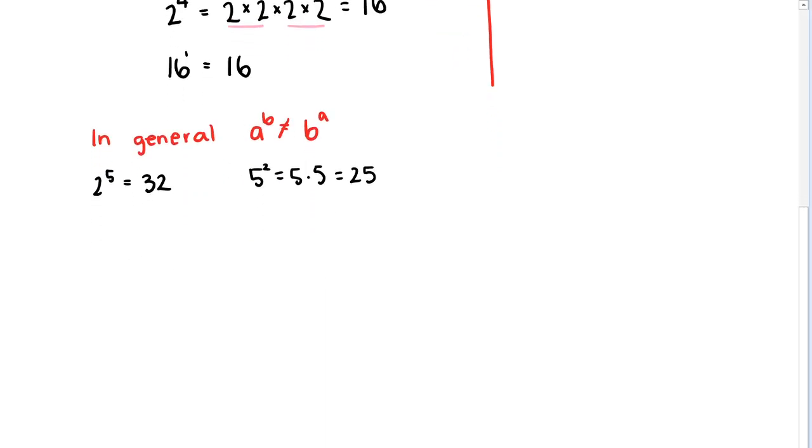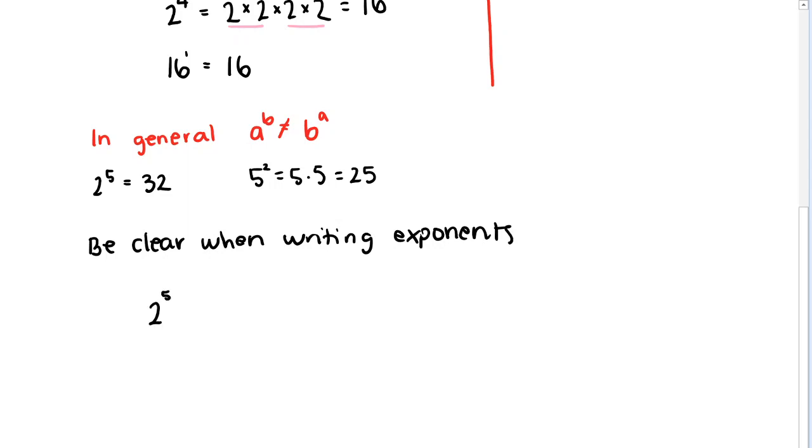Another thing I want to warn you about is to be really clear when you're writing exponents. So let me write that down: be clear and careful when writing exponents. So what do I mean by that? Well, here, 2 to the power 5, that exponent is written as a smaller number tucked in the top right corner of our base.